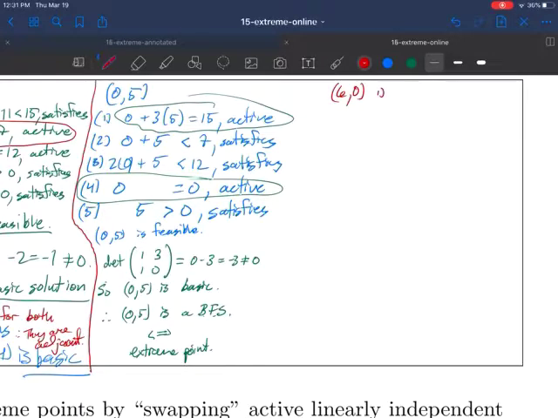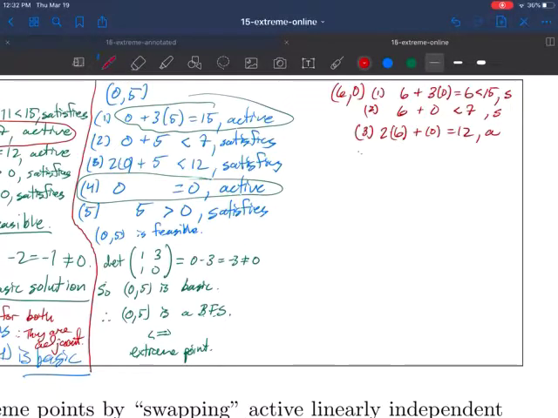Okay, I'm going to check all the constraints. Constraint 1, again, is 6 plus 3 times 0 equals 6, less than 15. I'll just write S for satisfied. Constraint 2 is 6 plus 0, strictly less than 7, satisfies. Constraint 3: 2 times 6 plus 0 equals 12.